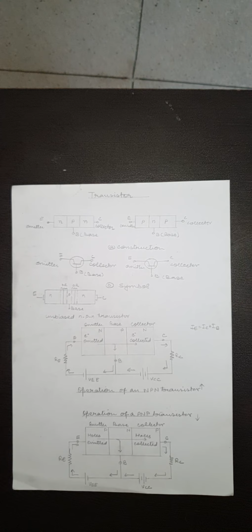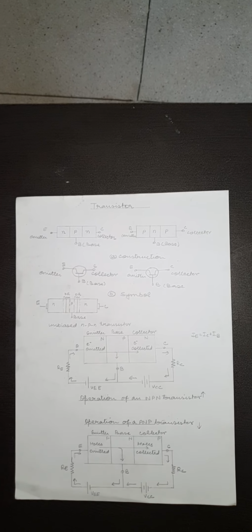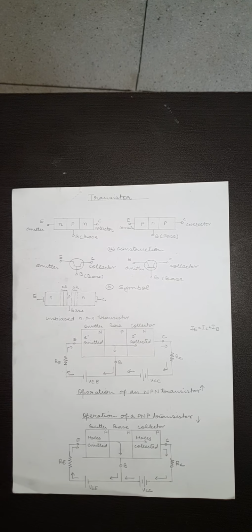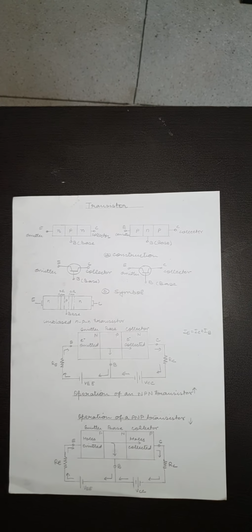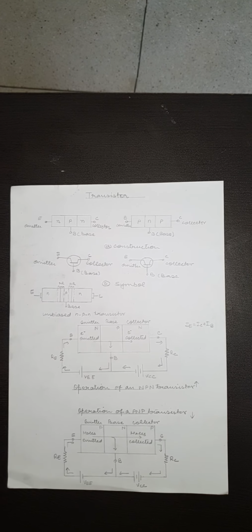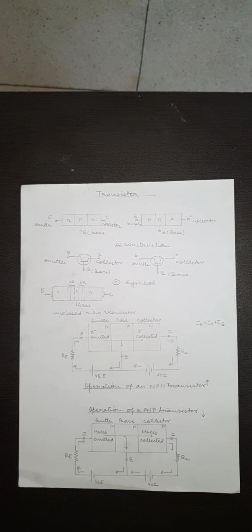In the lightly doped base, there are very few electrons available for recombination. Therefore, only 2% of total emitted holes will flow via base terminal and the remaining 98% are drawn across the collector by the electric field at the reverse bias collector junction.